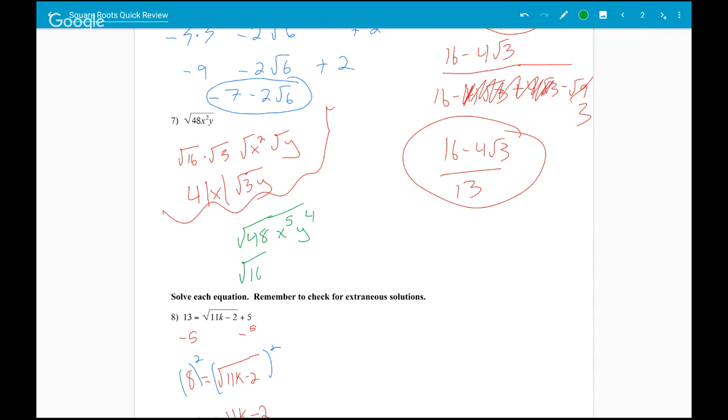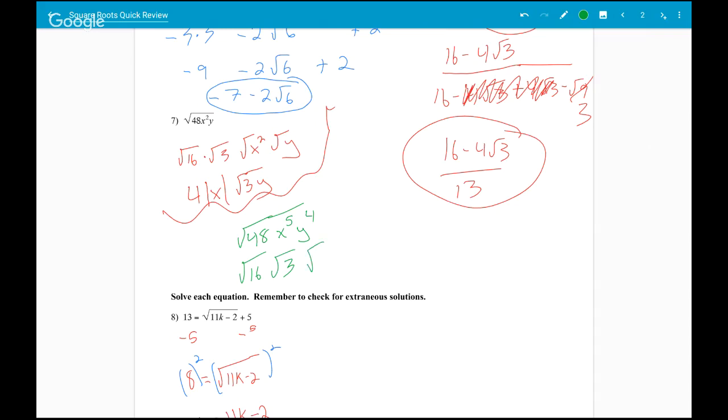I would still do 16 and 3 for my 48. That piece does not change. Again, those variables have absolutely no effect on how you break it up in terms of the numerical values. Okay. But the way I'd break up the variables was different. I didn't actually really need to break up the variables all that much in that first one because there was nothing I could do to change the problem. Okay.